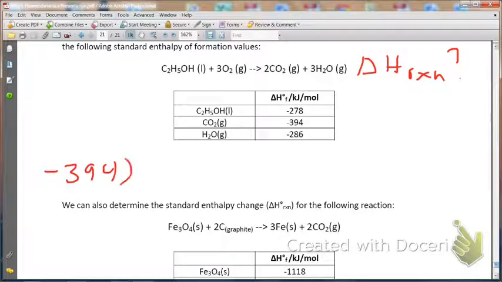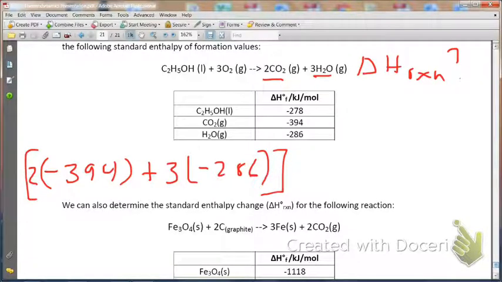But because we have 2 moles of CO2, we're going to multiply that value by 2. And then we're going to add it because it's the sum of the heat of formations of our products. And so the heat of formation of water: we have 3 of them in our balanced equation. So that would be negative 286, right?